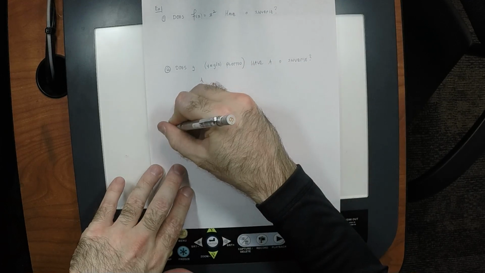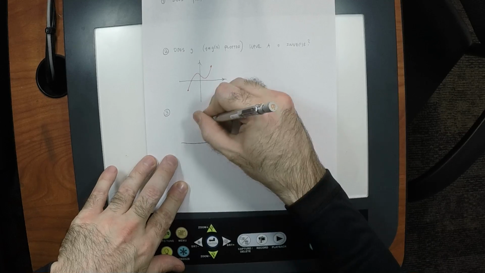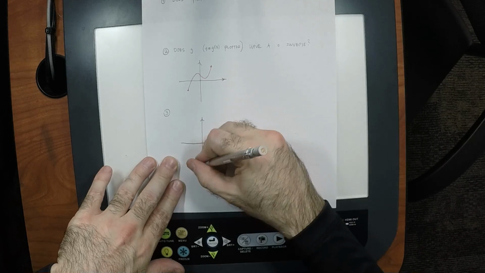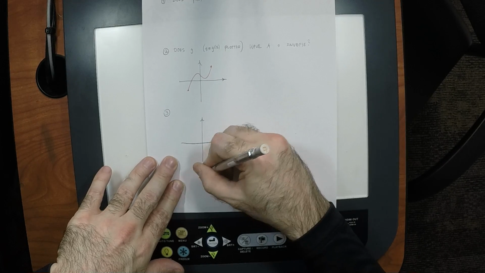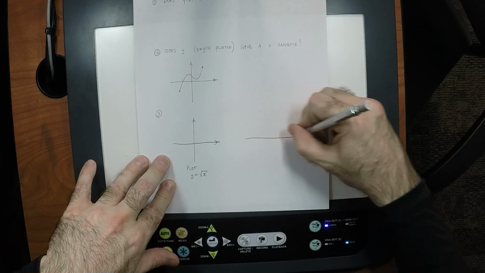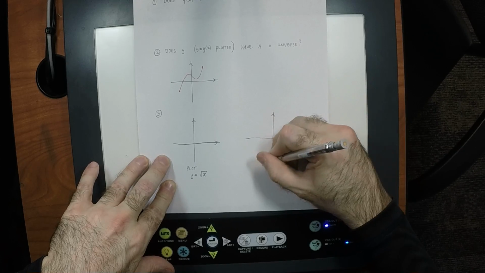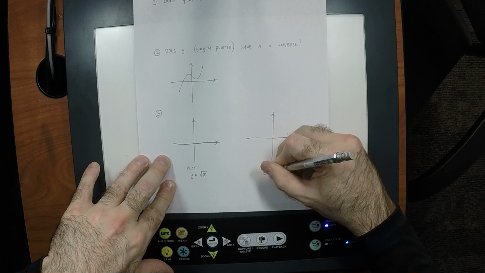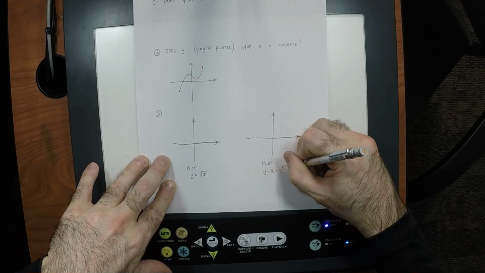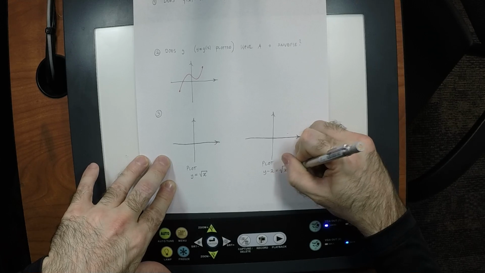And then 3, so here's this. Please plot y is the square root of x, and also please plot y minus 2 is square root of x plus 3.